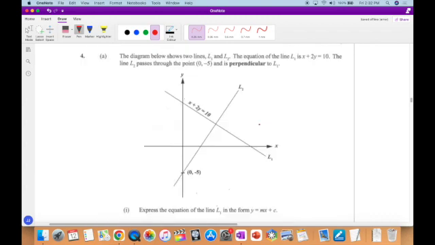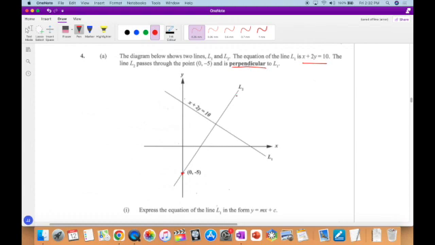The diagram below shows 2 lines, L1 and L2. The equation of the line L1 is this. So this is L1 here, I can see that. L2 passes through this point here, (0, -5), and is perpendicular.